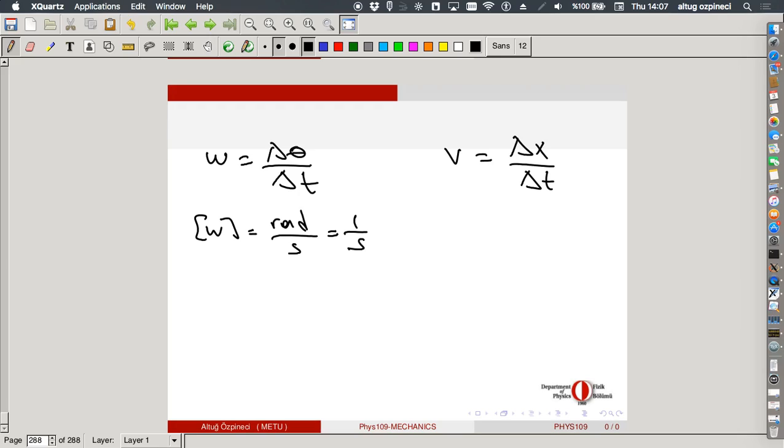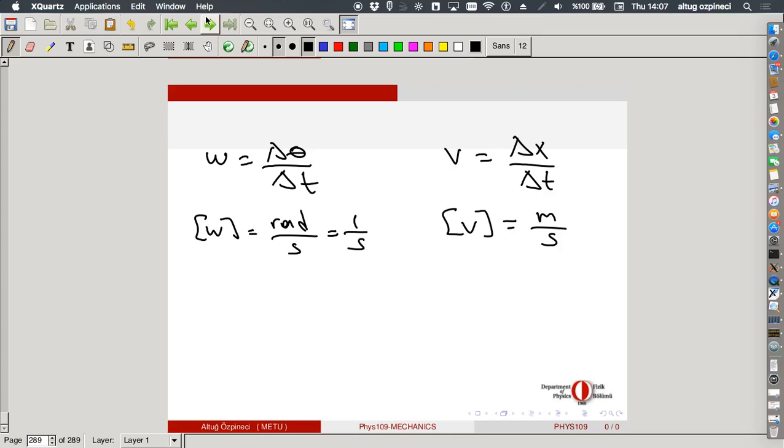The unit of linear velocity is meters per second. They can never be equal. They are completely different quantities. But it's a valid question, how are they related?